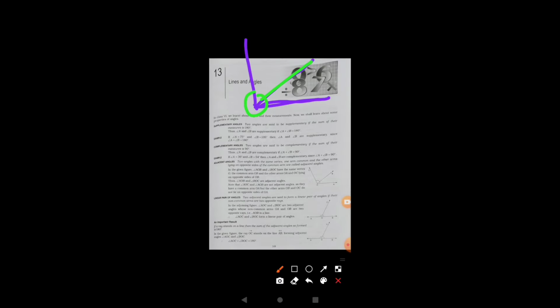And the other arms, these two other arms of two angles, are lying on opposite sides of the common arm, so are called adjacent angles. So these are adjacent angles.